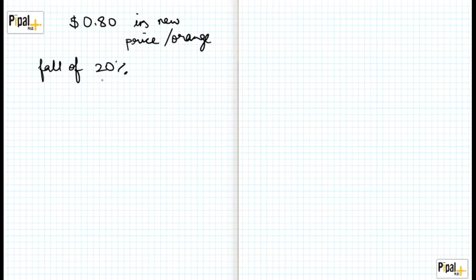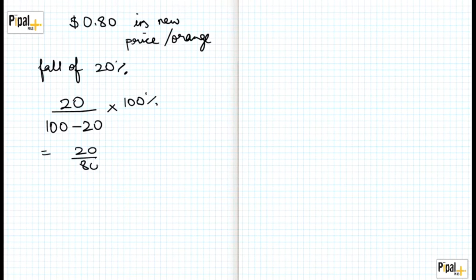So if I have to find out how many more oranges I can now buy, my answer is going to be 20 divided by 100 minus 20 into 100%. So this gives us 20 upon 80 multiplied by 100%, which is 1 by 4, which is equal to 25%. So a fall in price per unit of 20% will result in 25% more entities that I am now able to buy.